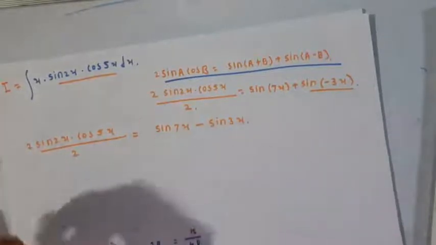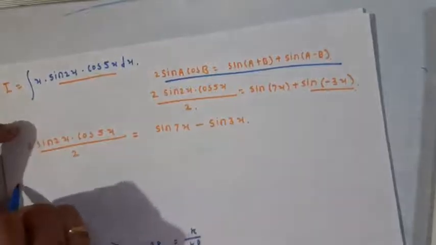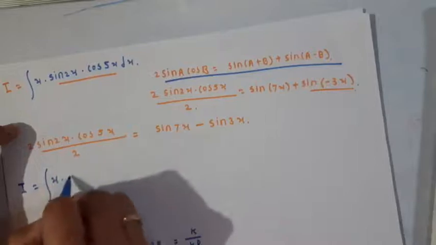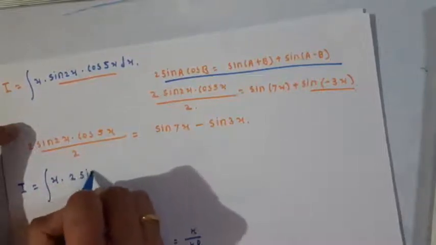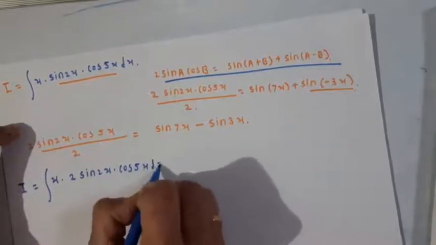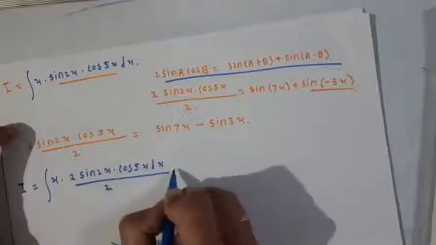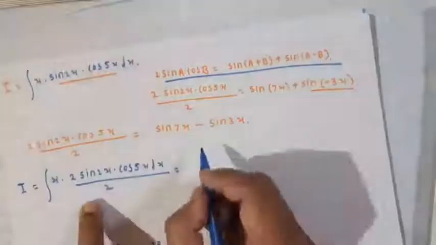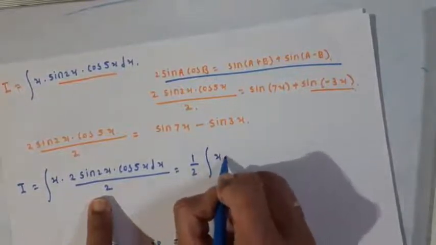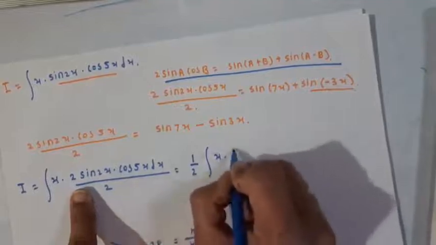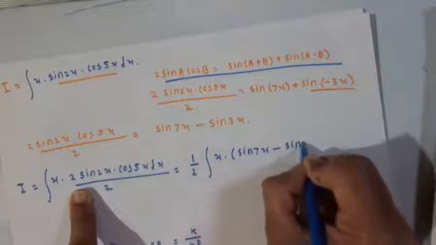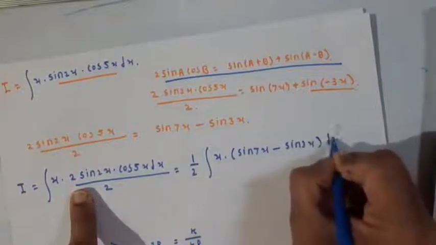And therefore, now the integration of x, as it is multiplied and divided by 2, sine of 2x into cos of 5x with respect to x upon 2, is equal to 1 by 2, take it outside, integration of x into the value of this, sine of 7x minus sine of 3x, with respect to x.